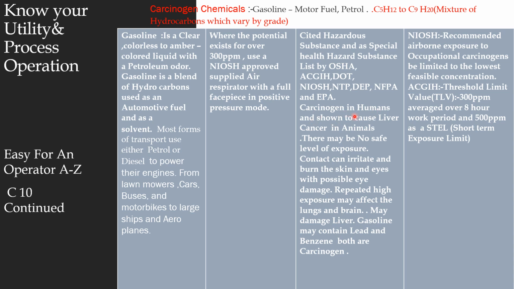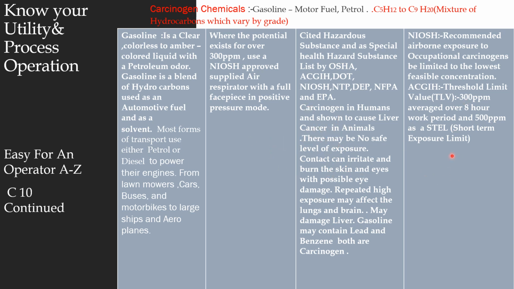It will affect humans, also animals. There is no safe exposure level. Also, you have to inform them about the other effects of petrol on our body because it contains lead and benzene. Even if it is mixed with ethanol in future, ethanol is also classified as a carcinogen.